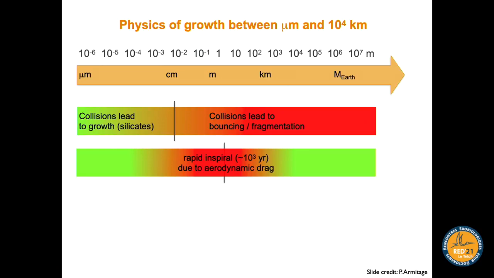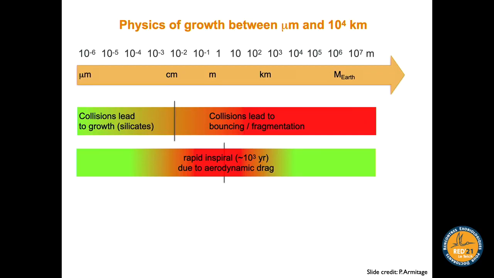There's also a size range where there's rapid inspiraling, and we'll talk a little more about that later. This is a key thing that will come up repeatedly, so let me explain it very briefly. The idea is that gas moves around a star at a certain speed, and large objects move at a slightly different speed. The reason is that the gas has an extra form of support from radial pressure, from temperature, whereas objects that are just doing gravity don't.